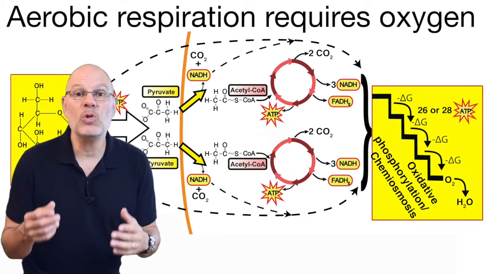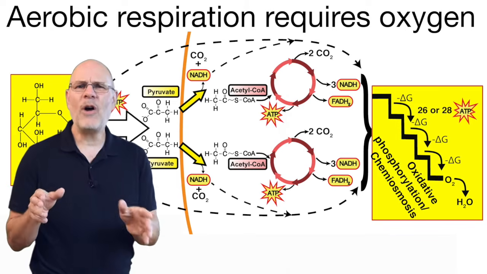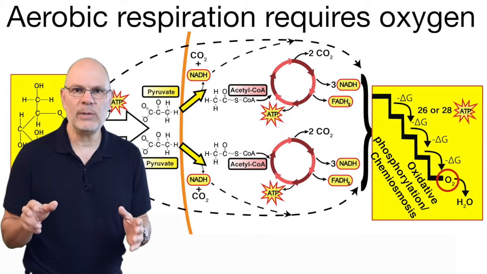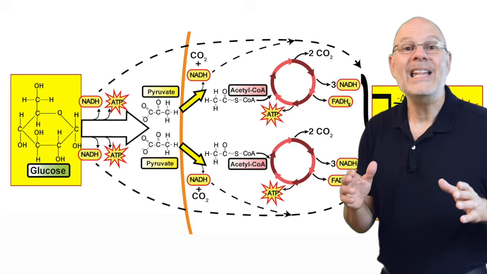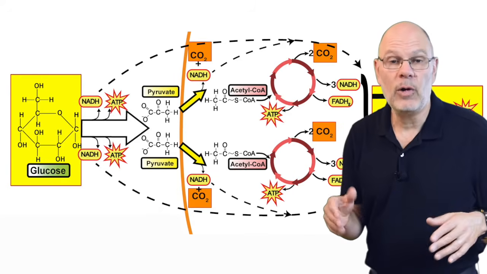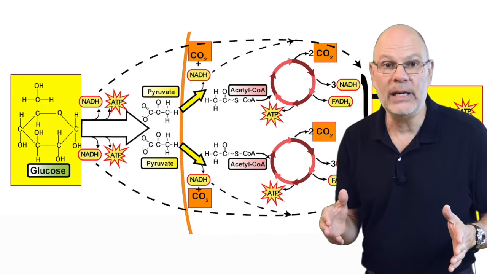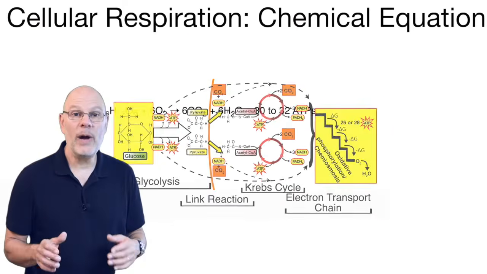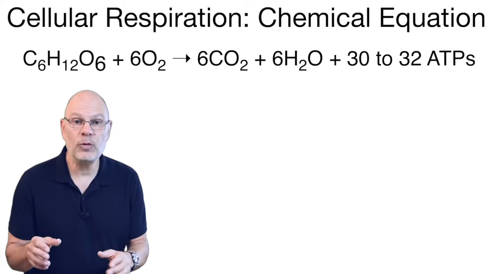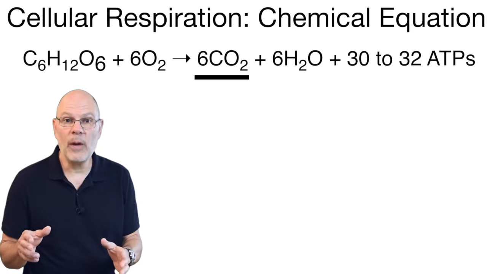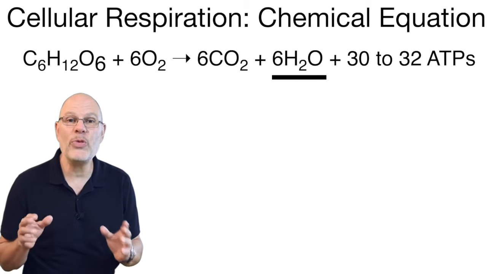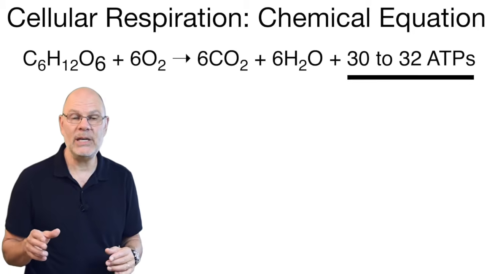That means respiration with oxygen, which is by far the most efficient way that cellular respiration can occur and the only sustainable way for most organisms. Now look to the middle of the diagram where you see carbon dioxide being produced. If we zoom away from all the detail, then what we're left with is this equation. Glucose plus oxygen yields carbon dioxide, water, and between 30 and 32 ATPs.